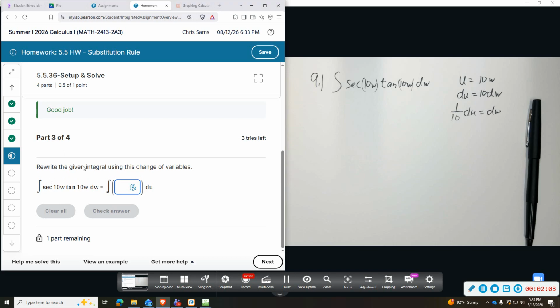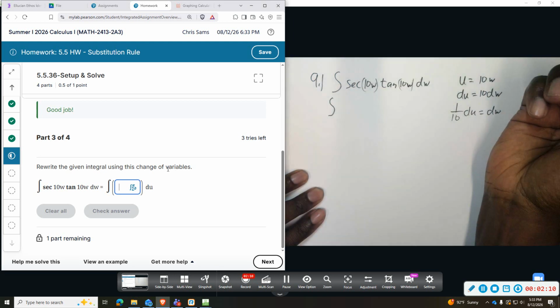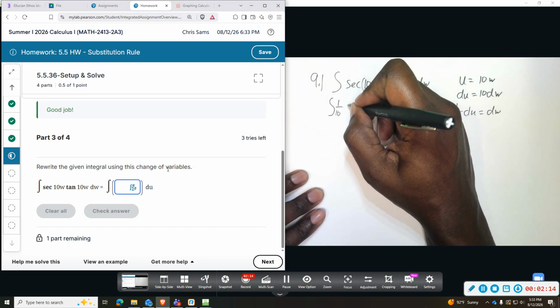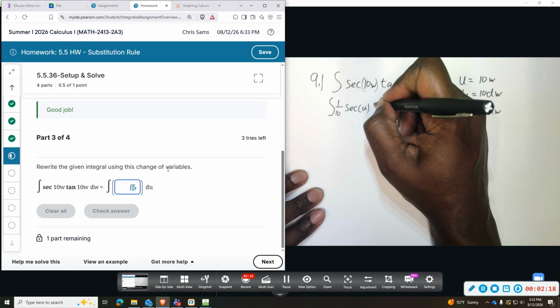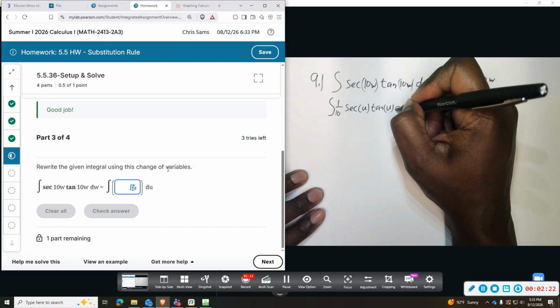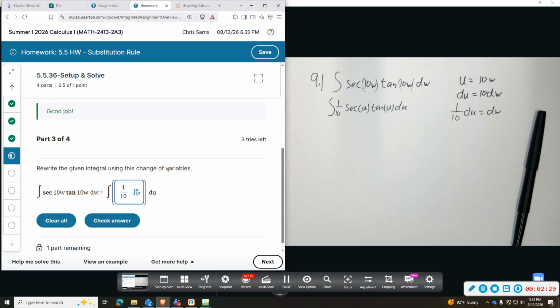And then write the integral using the change of variable, so that will be the integral of 1/10, and I can put that out front, secant u tan u du. They have the du on the outside already.